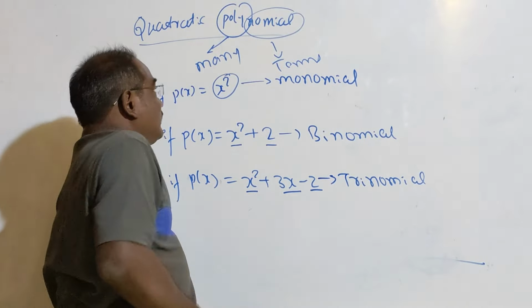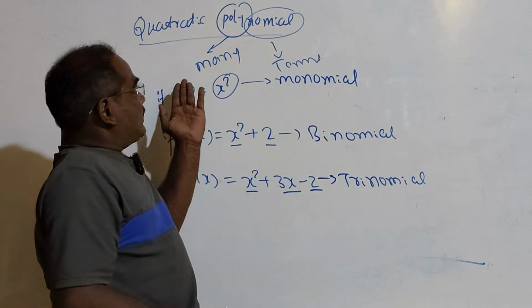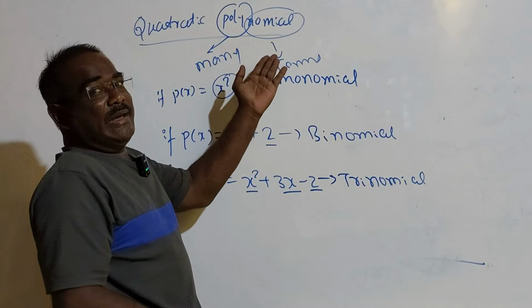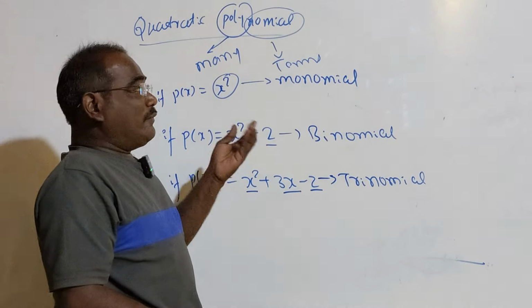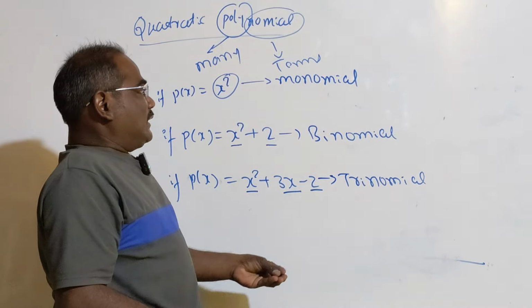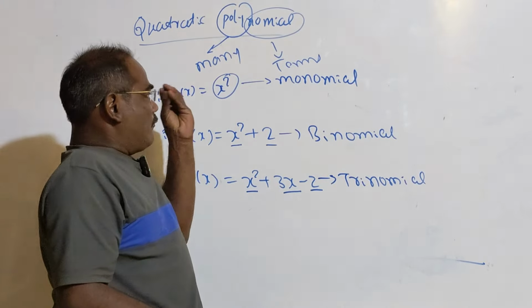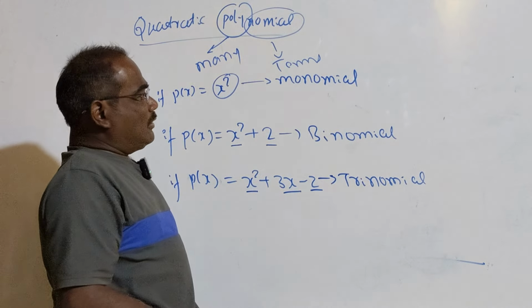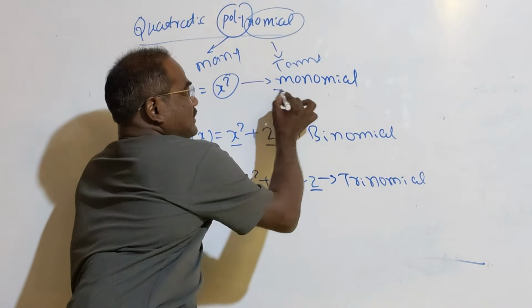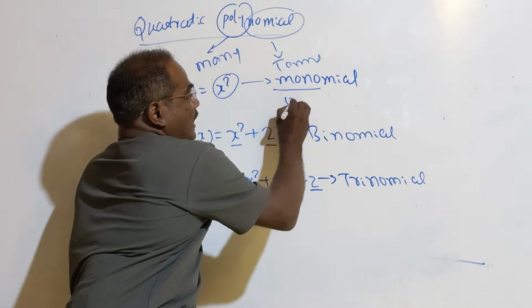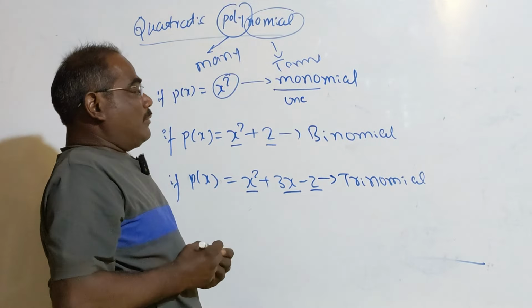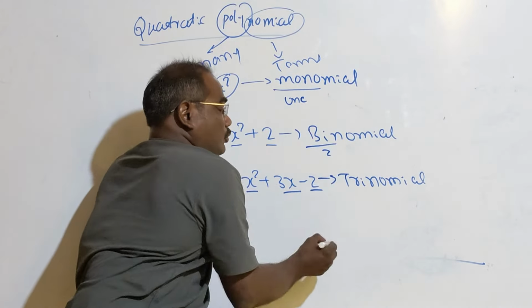Later, we studied classification on the basis of terms. If an expression has only one term, it is monomial. Mono means single or one. Bi means two.